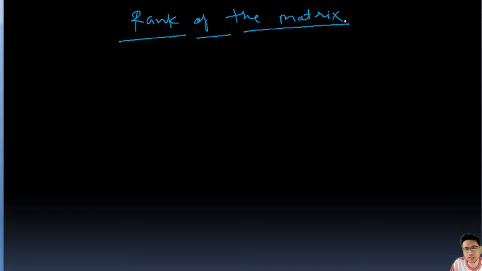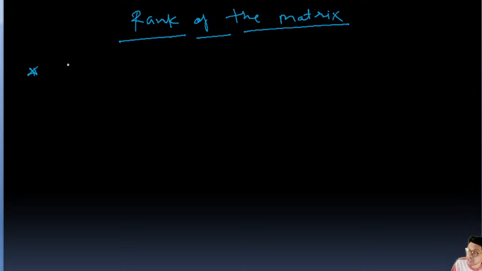Rank of the matrix. Rank of a matrix means the number of non-zero rows in the upper triangular matrix.